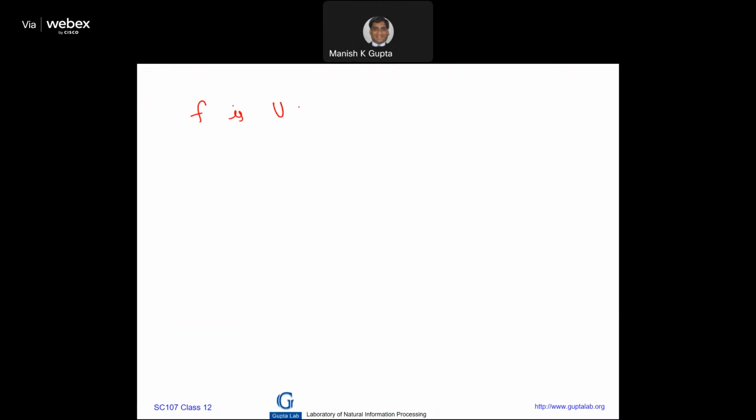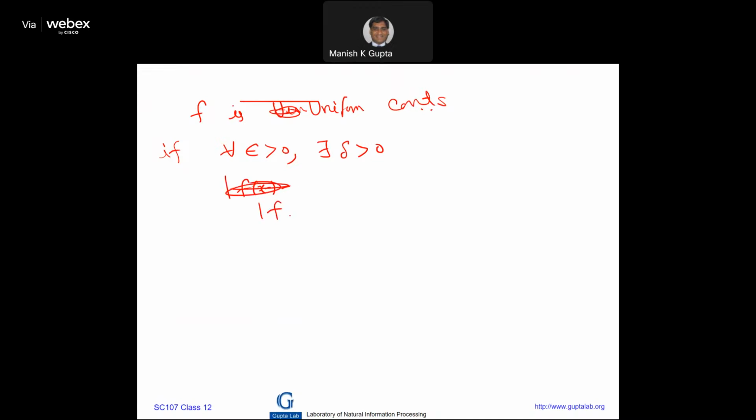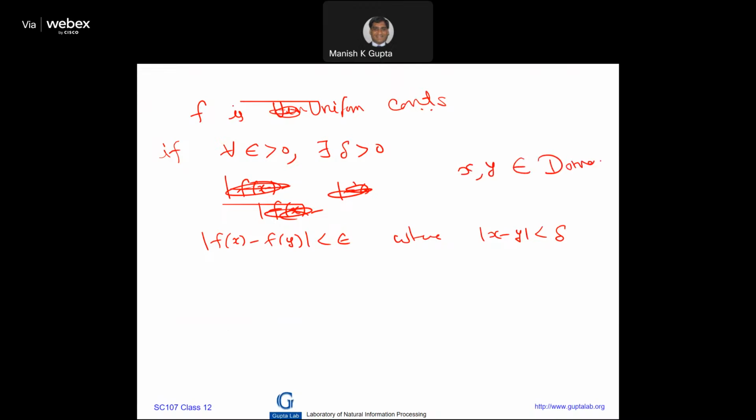F is uniformly continuous, and this is quite a popular definition, if for every epsilon positive, there exists delta positive such that mod of f of x minus f of y is less than epsilon whenever mod of x minus y is less than delta, and where x and y are 2 arbitrary points in the domain of the function.